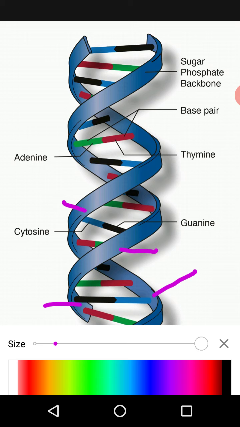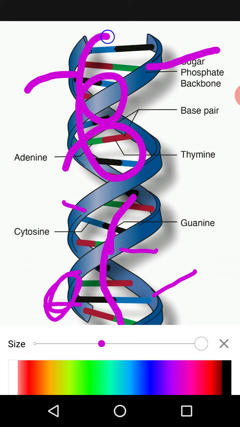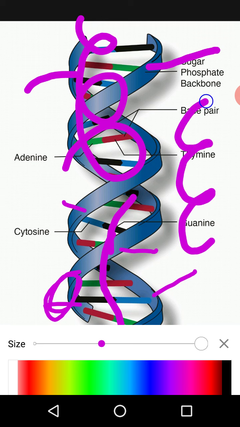If there is only a single helix, it is called RNA. Clear? If we break the structure in between, it is called single RNA. But when it is together, it is called DNA. Here it is always in a coil-like structure.